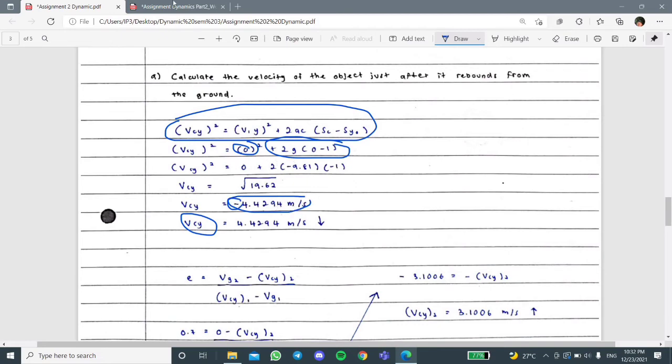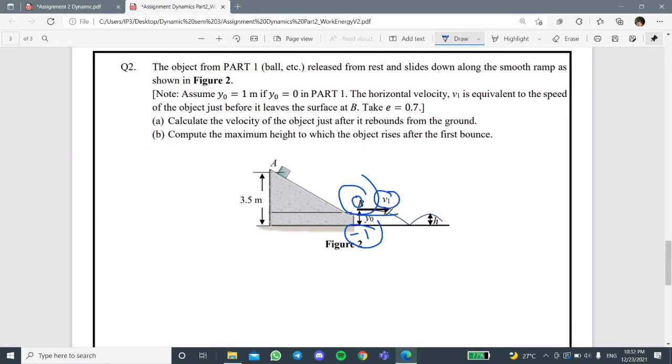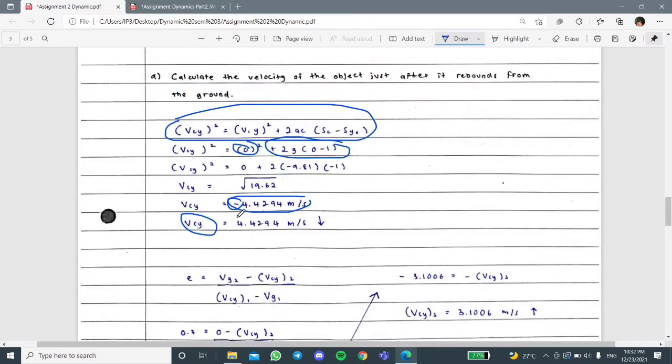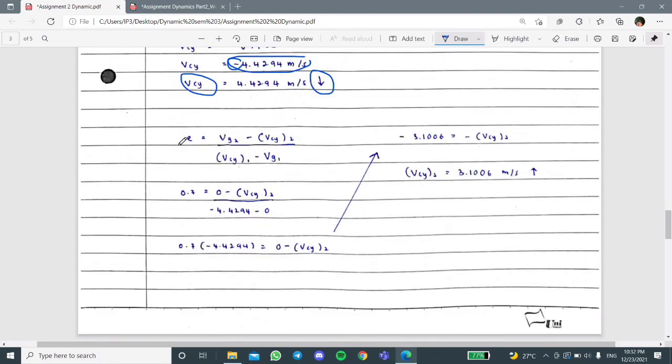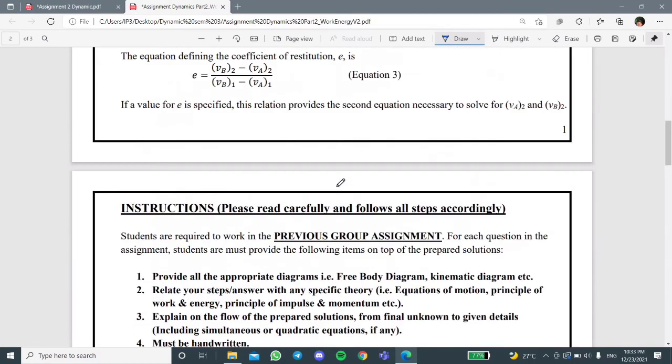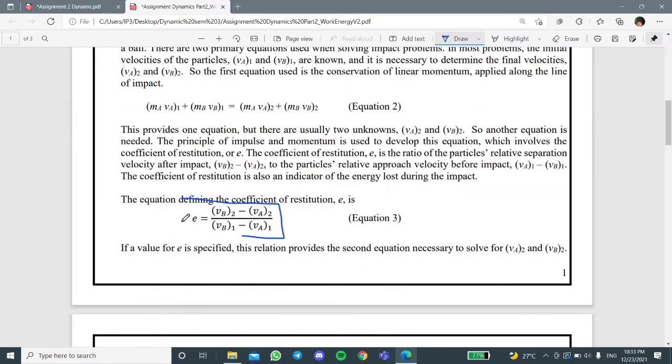Why negative? Because it shows the downward direction. Okay, then we replace it with the downward symbol. Then we want to calculate VCY2. We use this equation, which we get from equation 3 in the assignment.